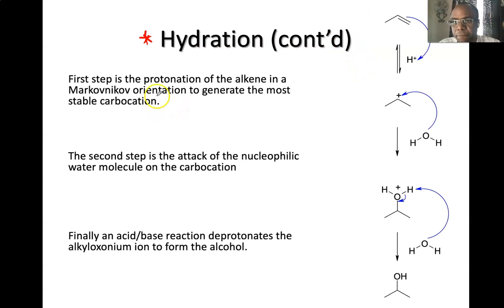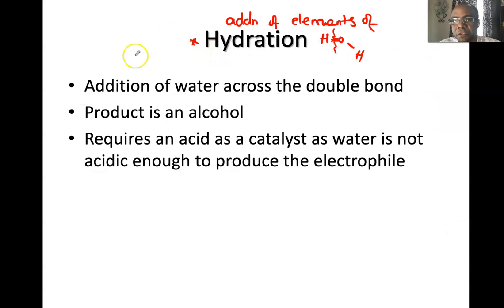So the first step for hydration is going to be attack of an acid. For hydration reaction, you're going to need an acid catalyst. It's the addition of elements of water across the double bond. We know that.